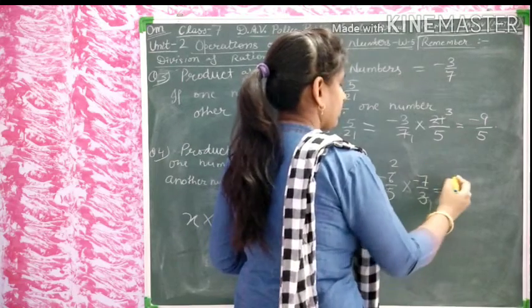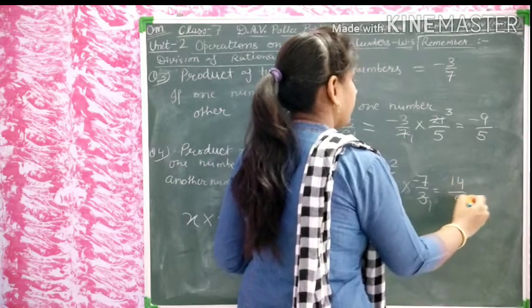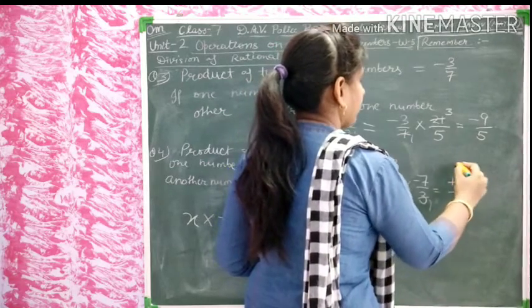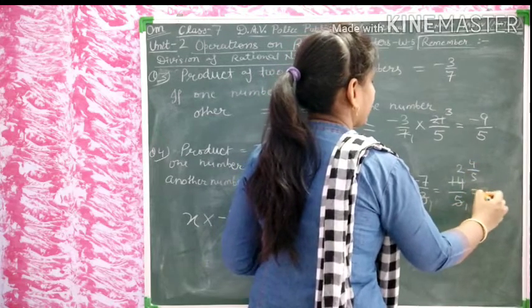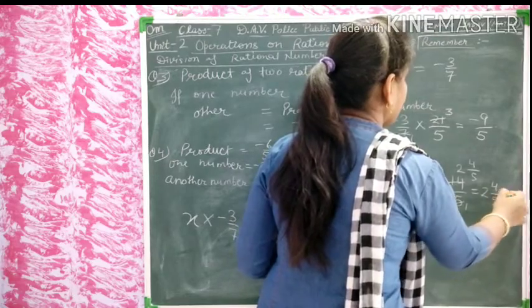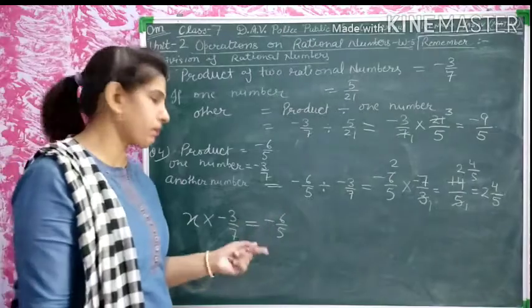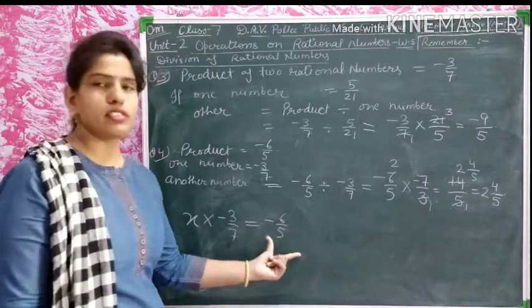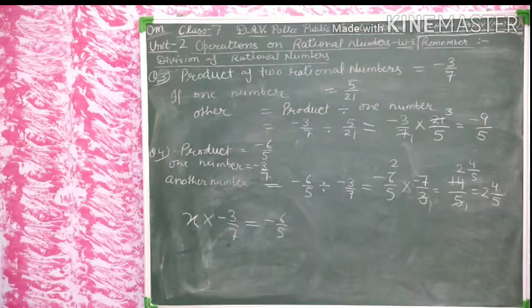Minus and minus multiplied gives plus sign. 7 twos are 14 and 5 ones are 5. So we get 2 and 4 by 5. This is in the standard form, and we get the other number which should be multiplied to this number to get this product here. Is this clear? Now we will go to the next question.